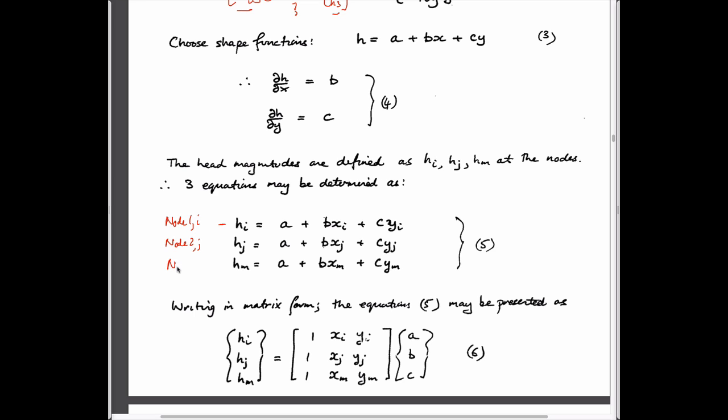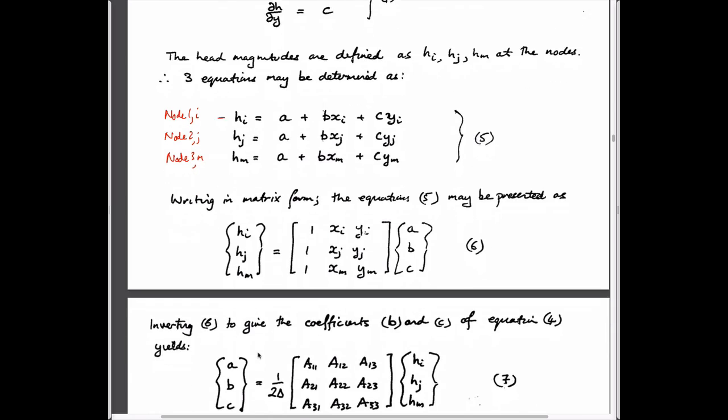And we can also write it at node 3, which is m. We know what these heads are at each of those nodes, by definition. We know what the coordinates are for each of those nodes, but we don't know what A, B, or C are. We can rewrite these three equations as a matrix, which is this form here.